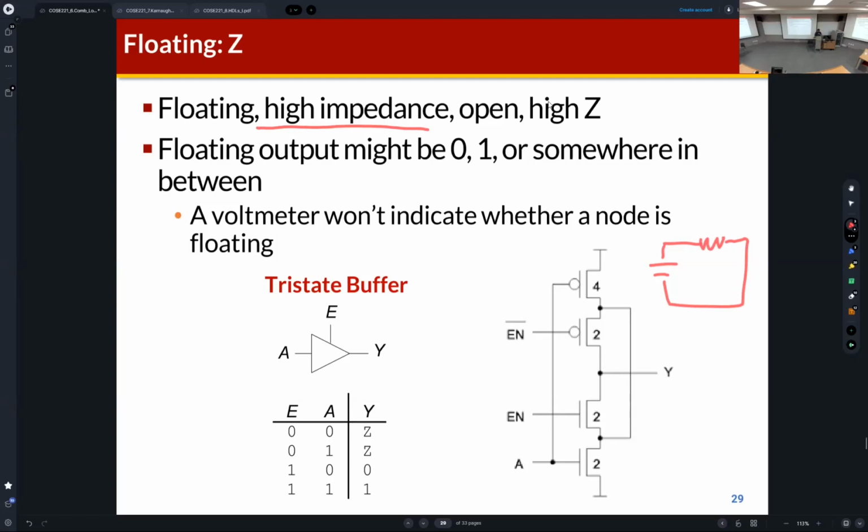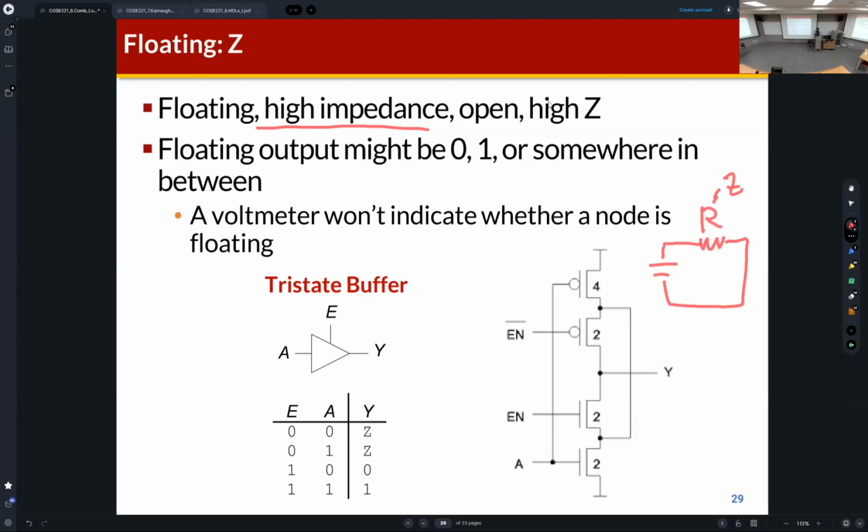You can also define some other components, like capacitors or some impedance component. So we can think about the resistance R, and this can also be called the impedance.